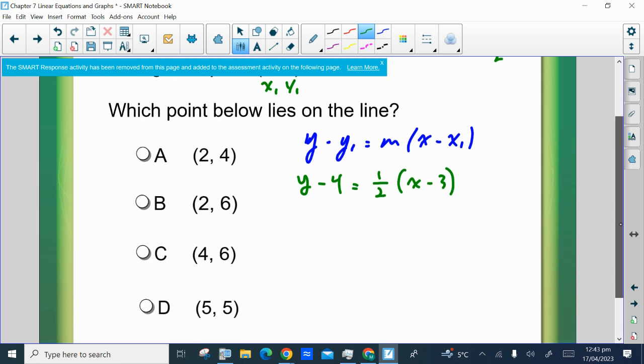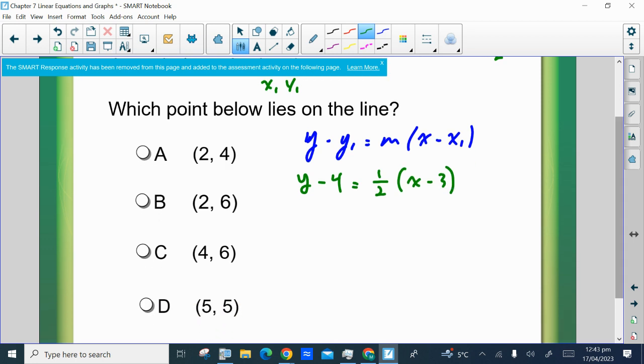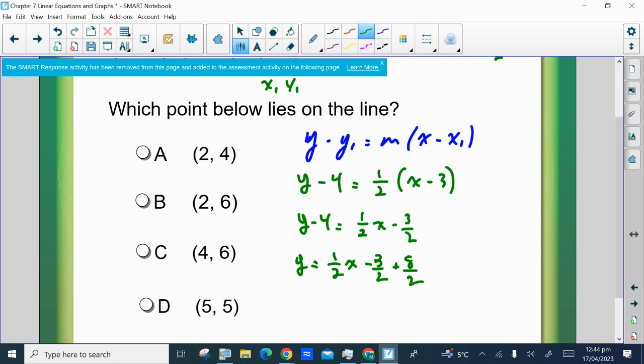So y minus 4 will equal 1/2 x minus 3/2. If you multiply out the bracket on the right, you multiply the x by 1/2 and the negative 3 by 1/2. And then we would add 4 to both sides. Instead of adding 4, I will add 8/2, because I need a common denominator to combine it with the minus 3/2.